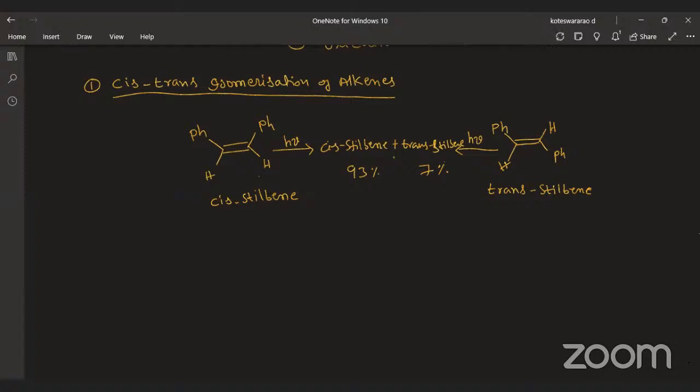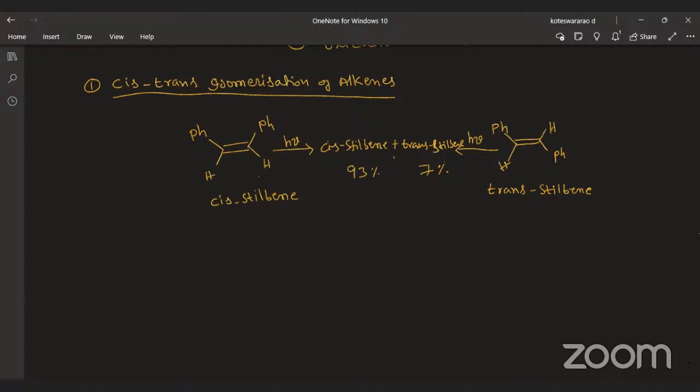That is called cis-trans isomerization. In this cis-trans isomerization, the π to π star singlet state of a non-conjugated olefin and the π to π star triplet state of a conjugated olefin are involved in the reaction.